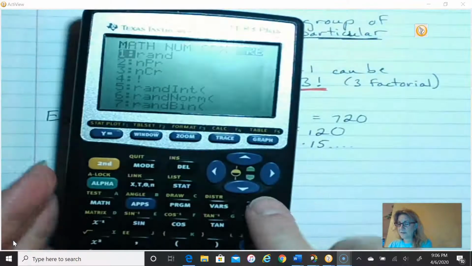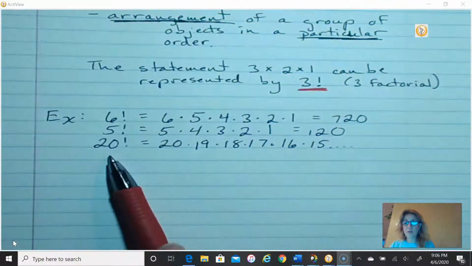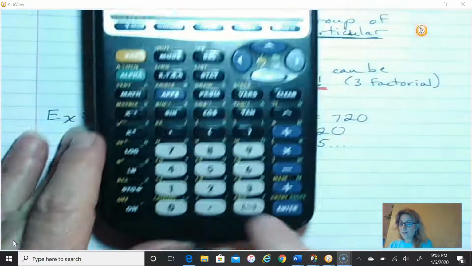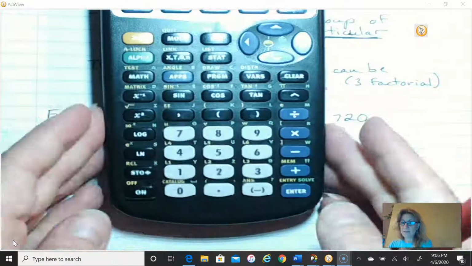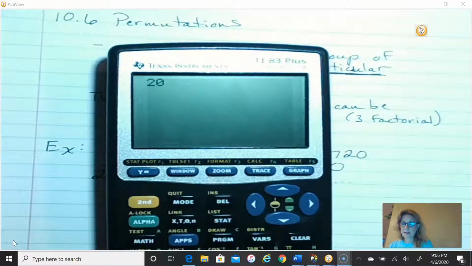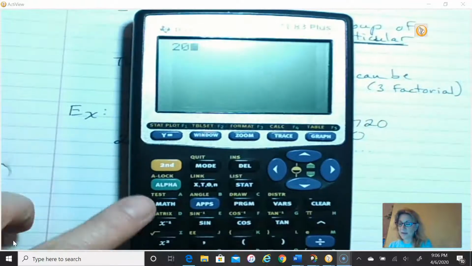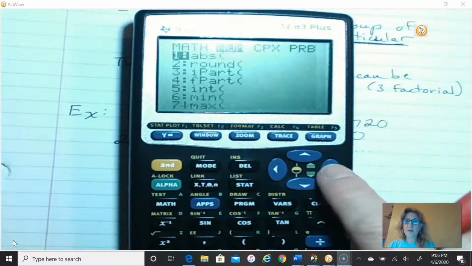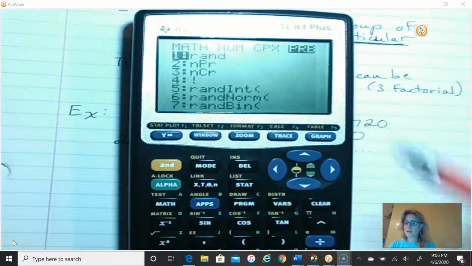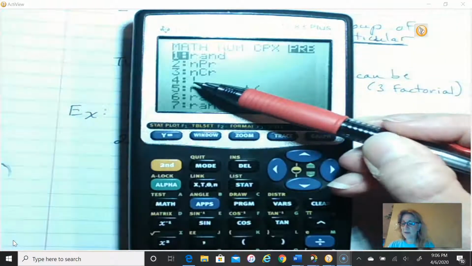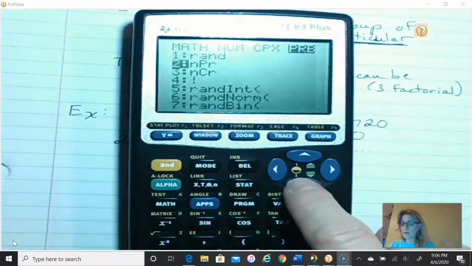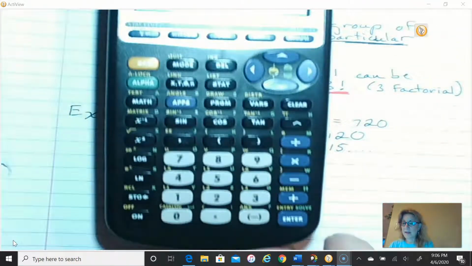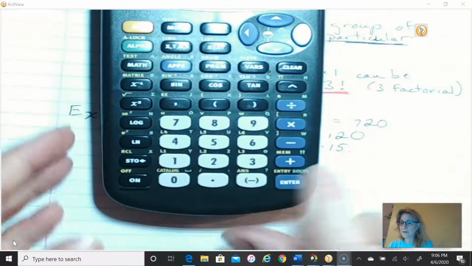Okay, so watch this. Let's say I want to find out 20 factorial. Put in 20. Whoops. Hit math. I need to get a manicure. Then go over to this. And then you can go down and hit enter.